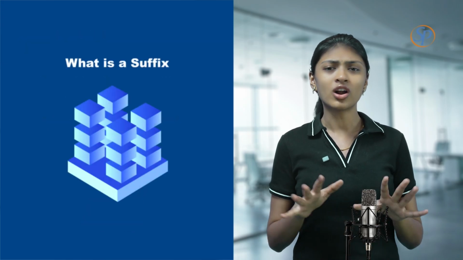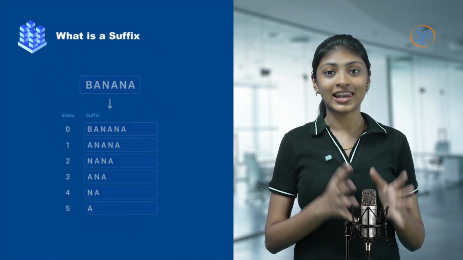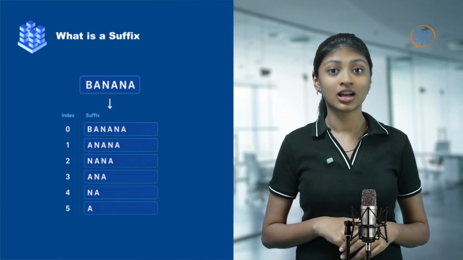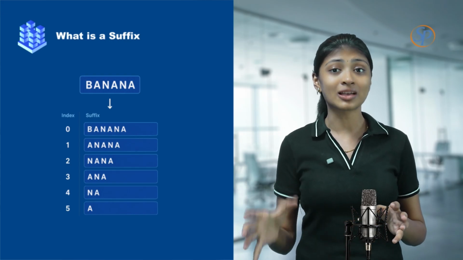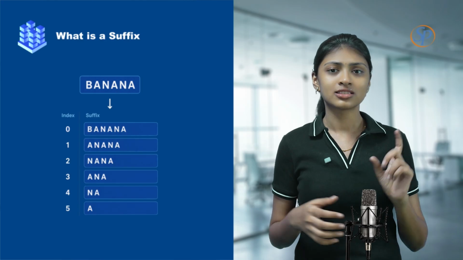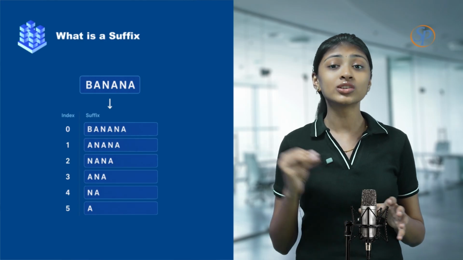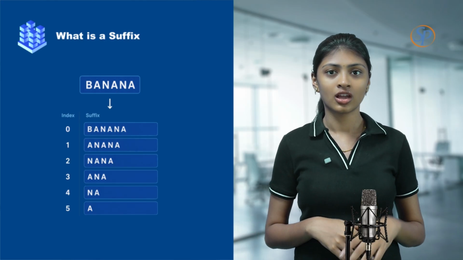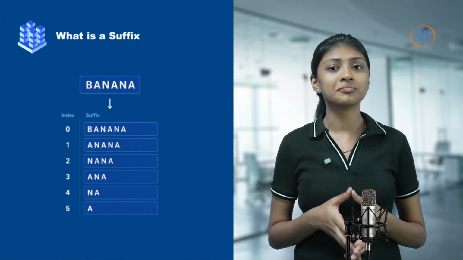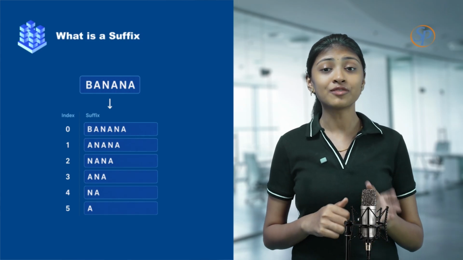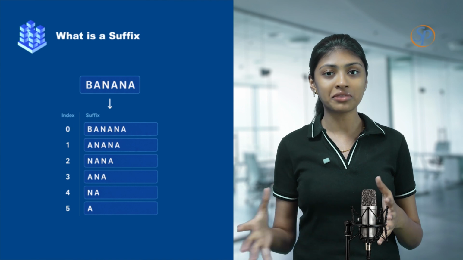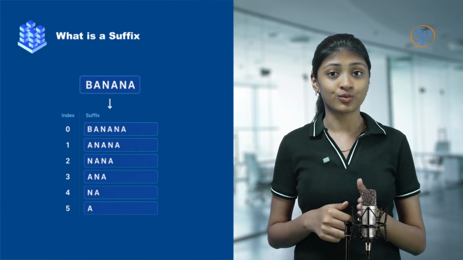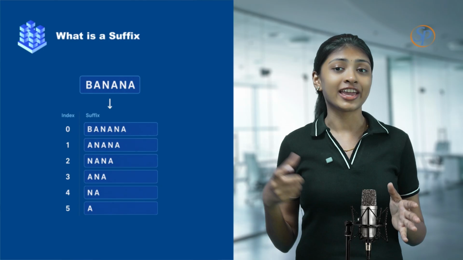Concept 1. What is a suffix? Let's start from the very beginning. A suffix is simply a substring that starts at some position and goes till the end of the string. Now imagine a word like banana. If you start from index 0, you get banana. From index 1, you get A-N-A-N-A.